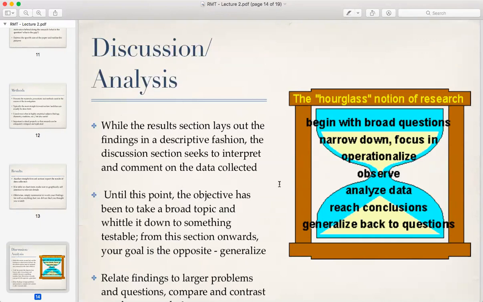You're talking about very specific observations. Then in the analysis, in the discussion, you're broadening, generalizing back to questions and reaching broad conclusions. I find this a very helpful model when writing a paper: begin with broad questions, then narrow down, and then broaden back and generalize.